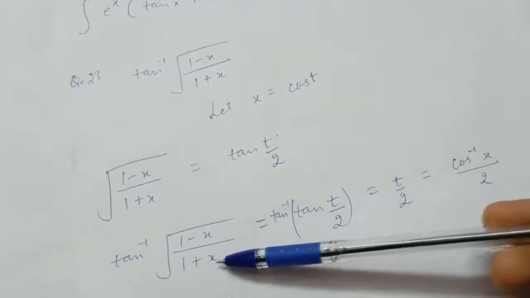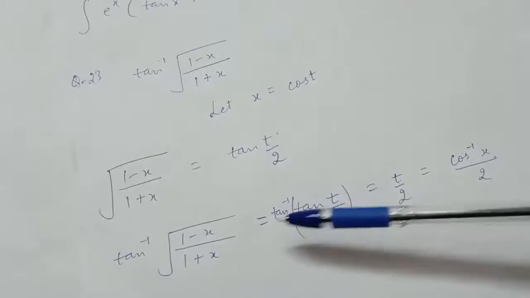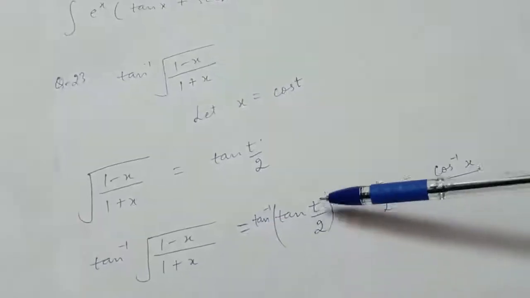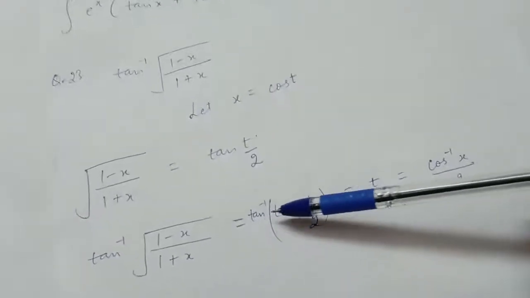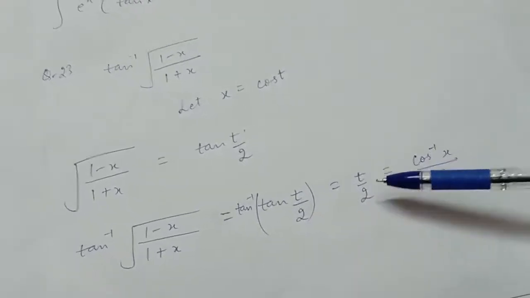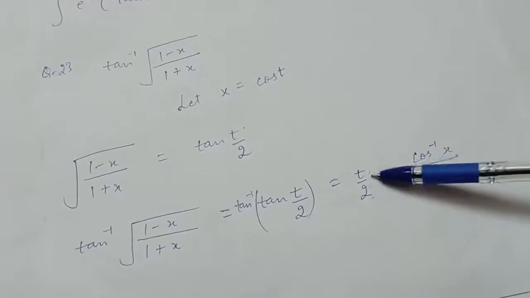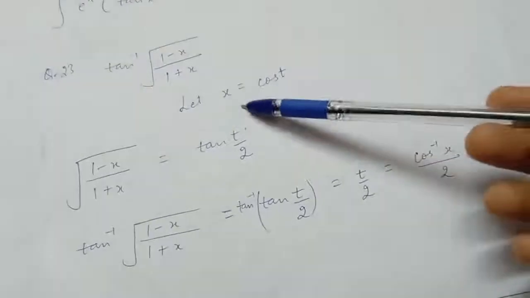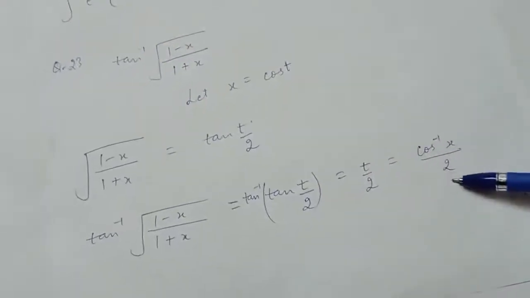So this function will now become tan inverse, in place of this tan t by 2. This tan inverse tan t by 2 will be t by 2. And this t by 2, in place of t you will get cos inverse x, right?